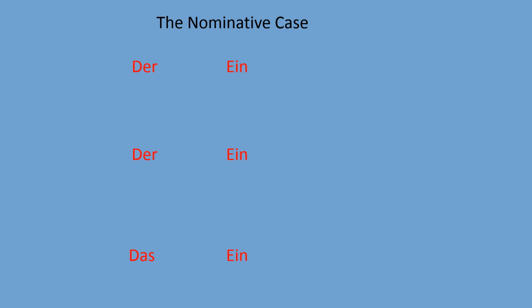We can use indefinite articles with our nouns, or we can use other words, for example, possessive adjectives, demonstrative pronouns. We will cover them much later. So we understand that one of the functions of a noun in a sentence is the nominative case. It happens only when this specific noun acts as a subject in a sentence.